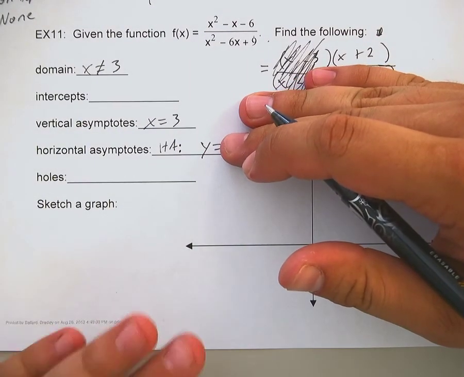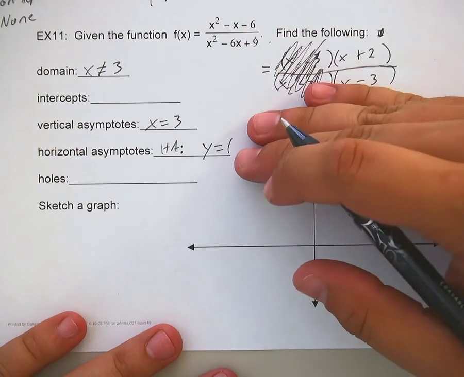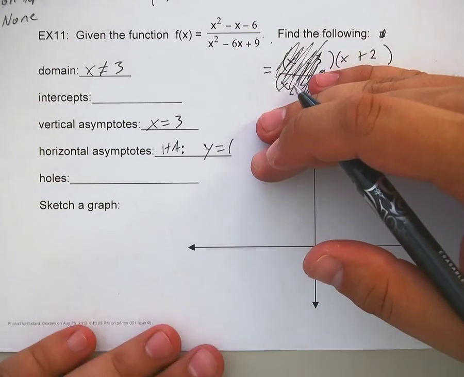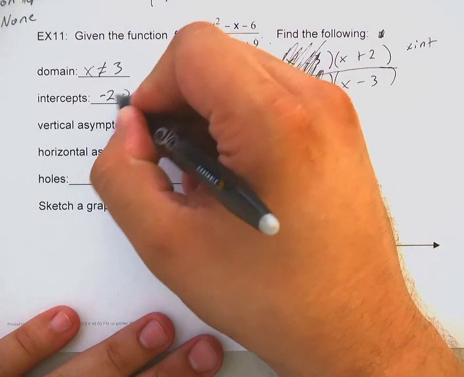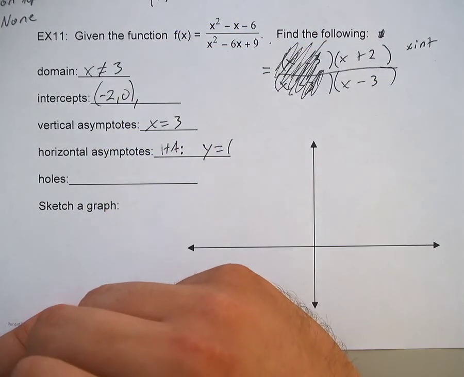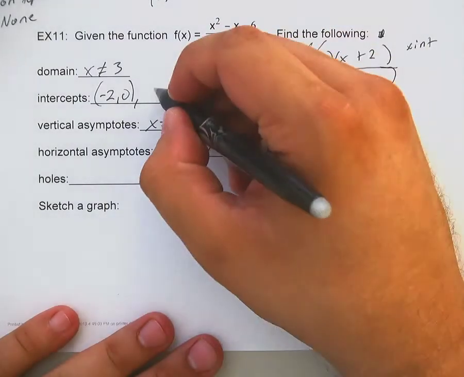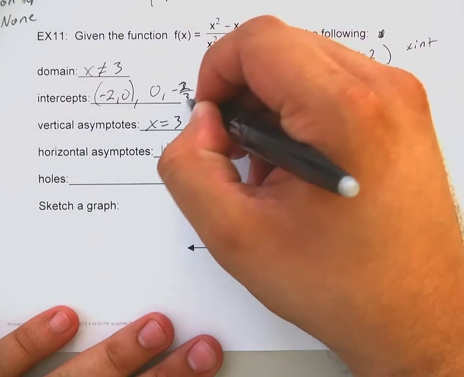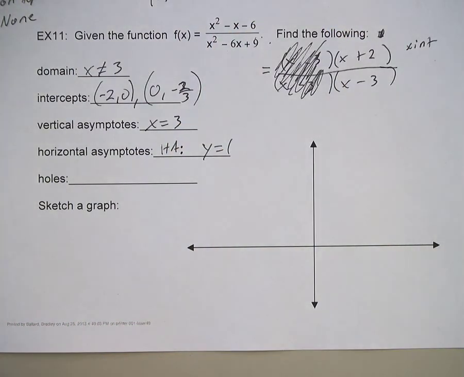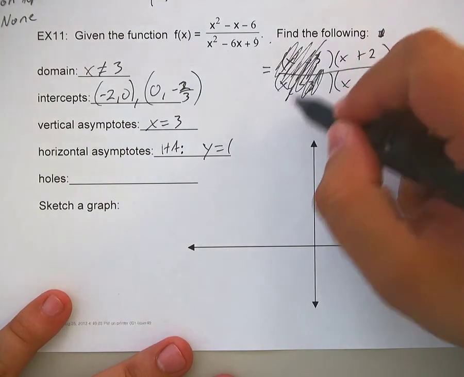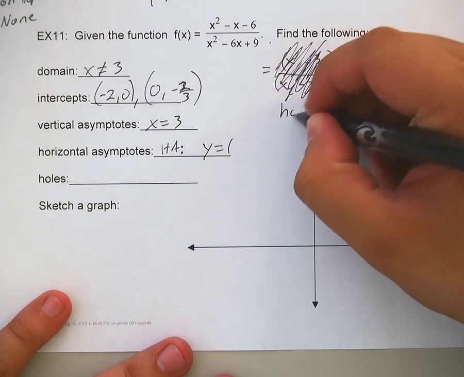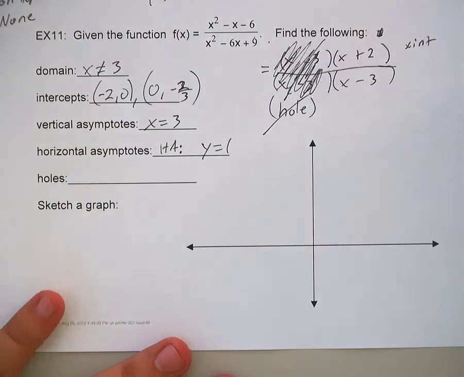If I set this equal to 0 and solve x plus 2 equals 0, it gives me an x-intercept of negative 2 comma 0. Now, if you plug in a 0 for x, you get 0, negative 2 thirds. That's your y-intercept. Technically, x minus 3 over x minus 3 was a hole, but the asymptote will override it. So for here, there's none.